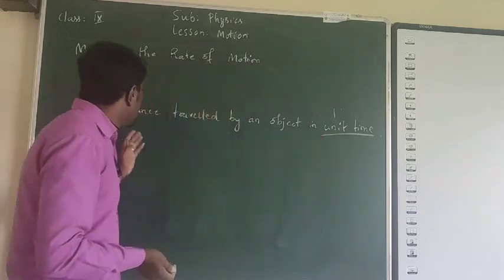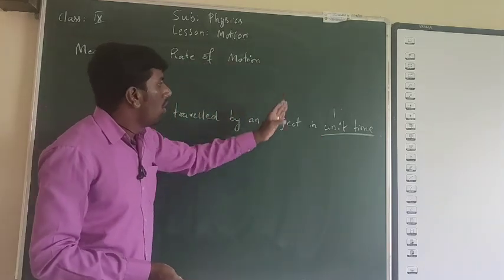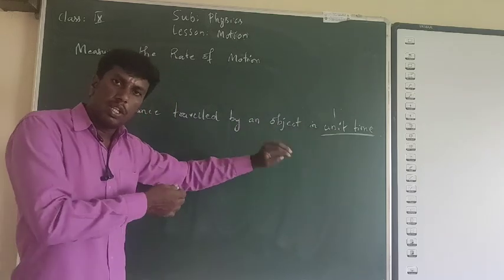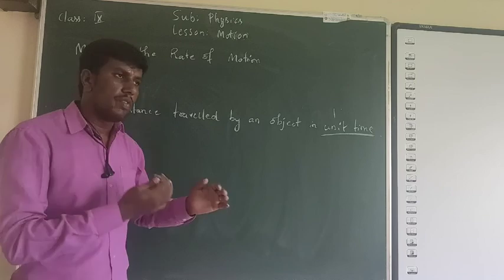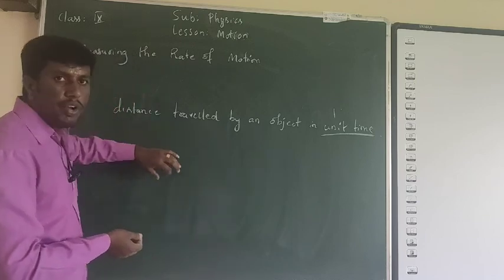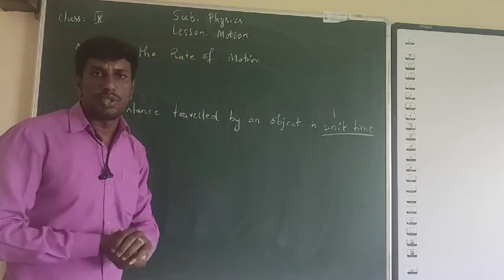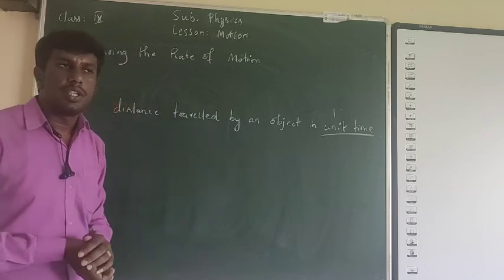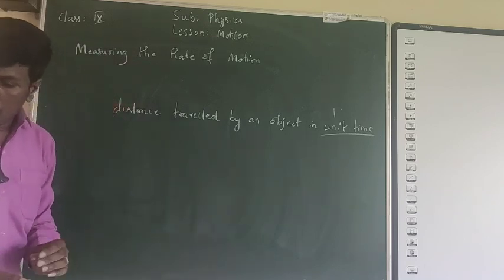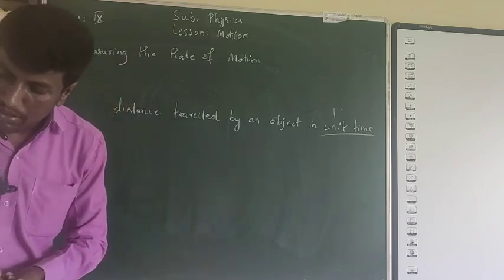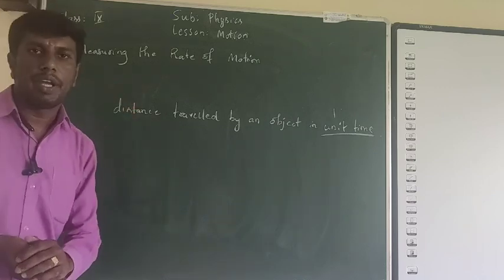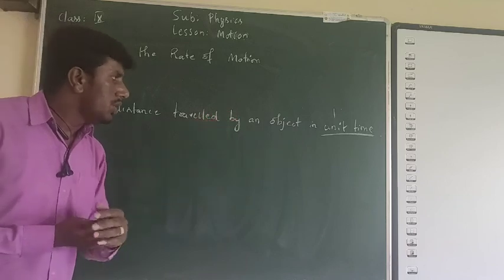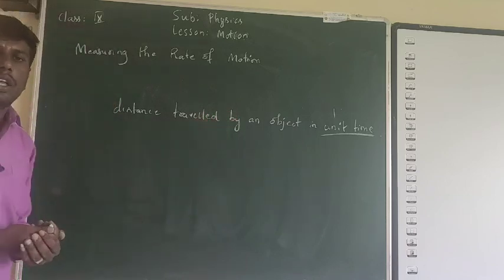Distance traveled by an object in 1 second, if you find out this, then that will be the speed of the object. That is the physical quantity which measures the rate of motion, and it is called speed. Distance traveled by an object in unit time is called speed.